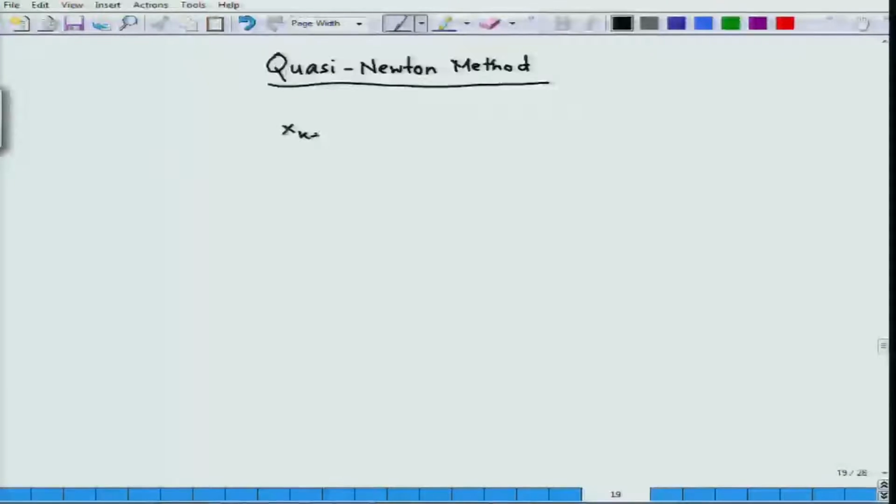That gives rise to what is called the Newton iteration, which I write as follows. As you know, we recall that this is what is called the Newton iteration.